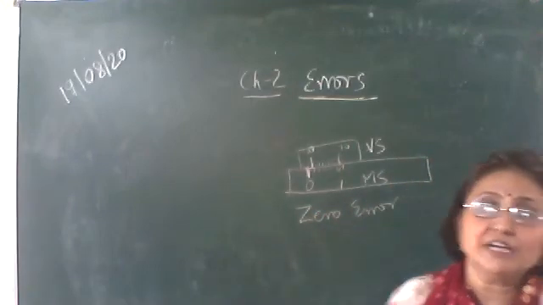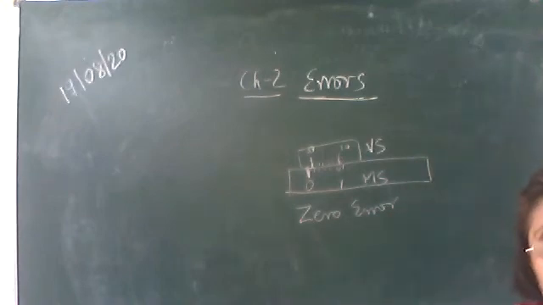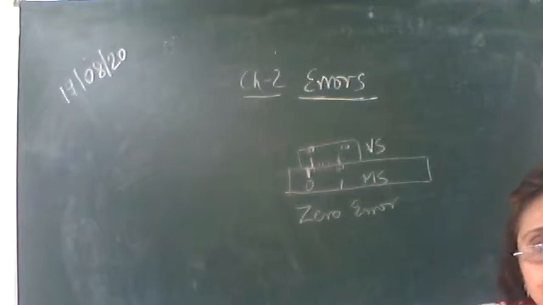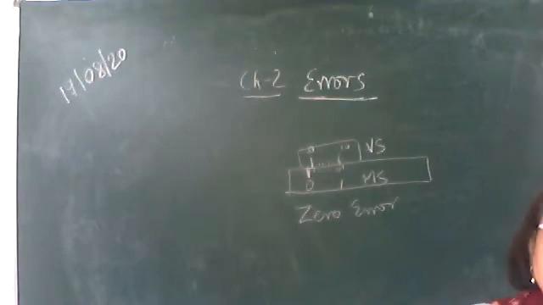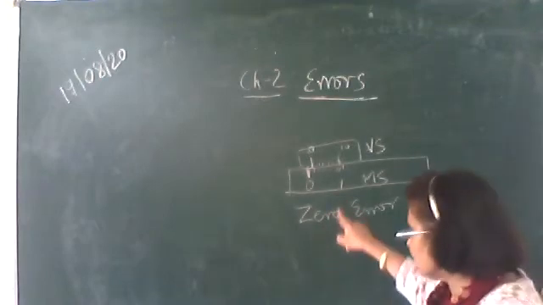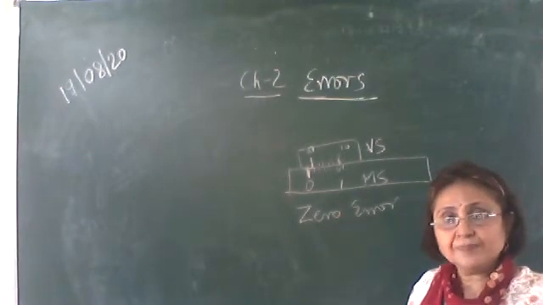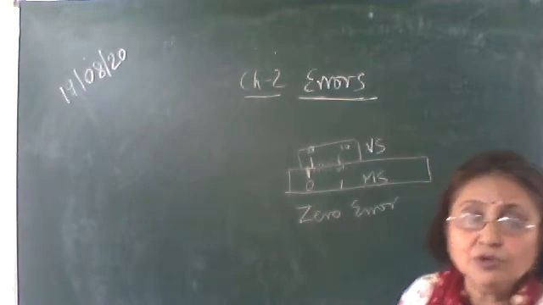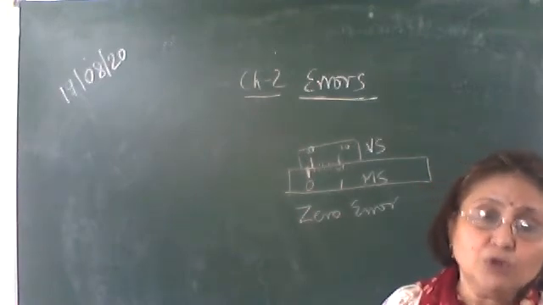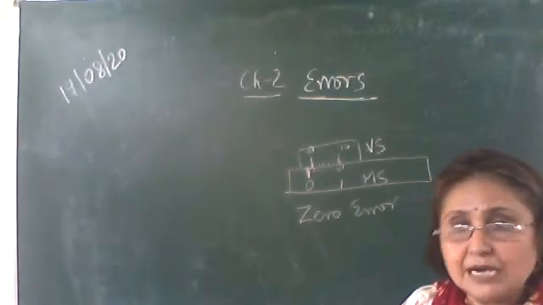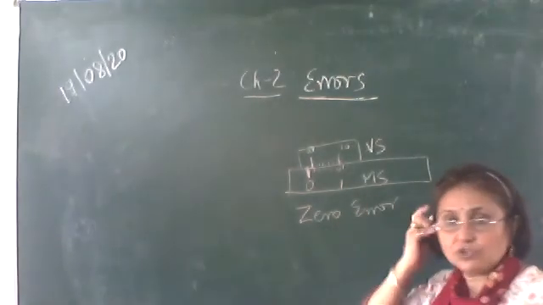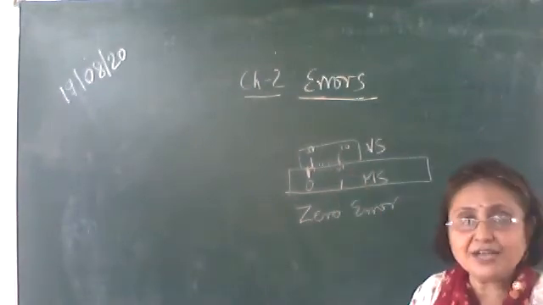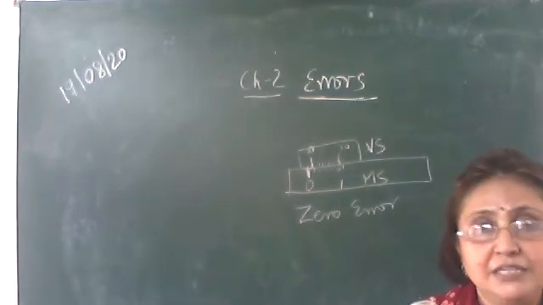The instrument is not perfect; there is some manufacturing defect in it. When you come to the lab, you will be taught how to remove and correct this zero error, and all these things will be shown there. So due to some manufacturing defect, there may be some error in the instrument.